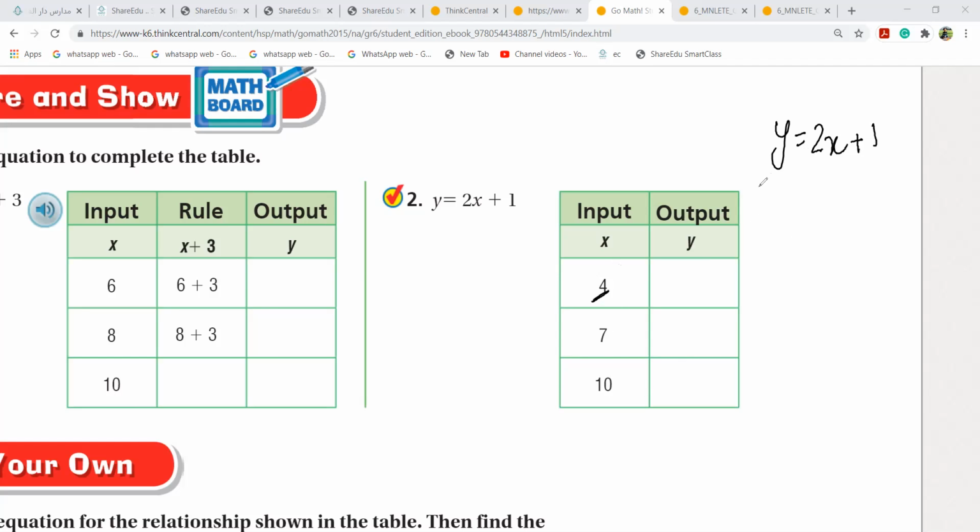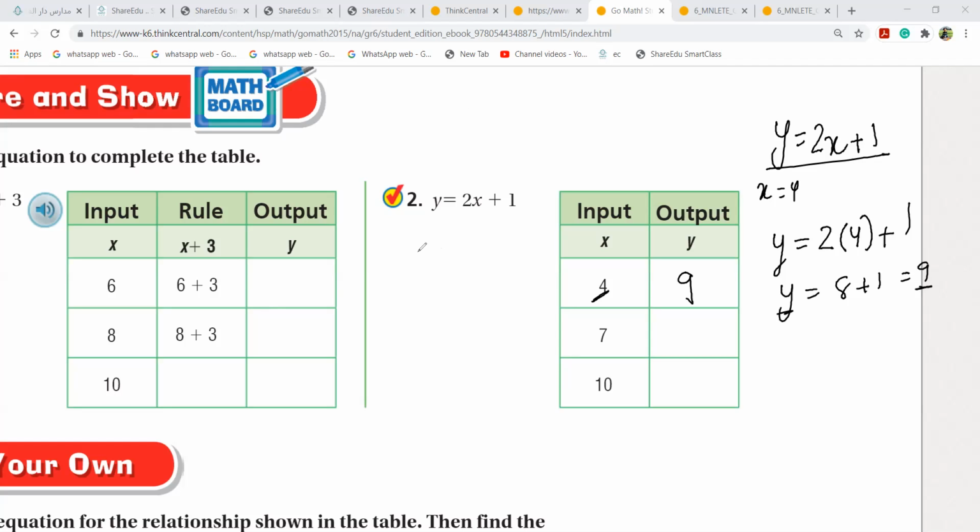Let us do it with x, they gave you 4. Instead of x, I need to put 4. Copy y, copy equal, copy 2. Instead of x, I'll put 4. Copy plus, copy 1. 2 times 4 is 8. 8 plus 1, 9. So what did I get as the value of y? I got 9 when x was 4.